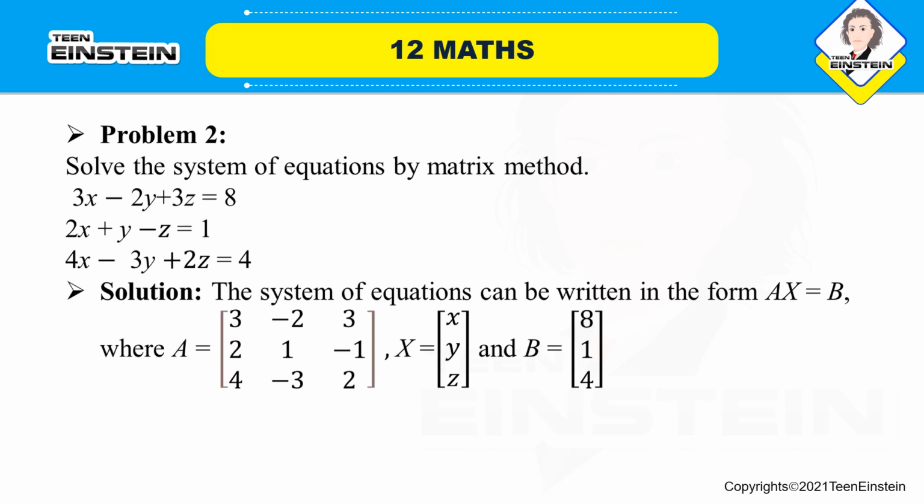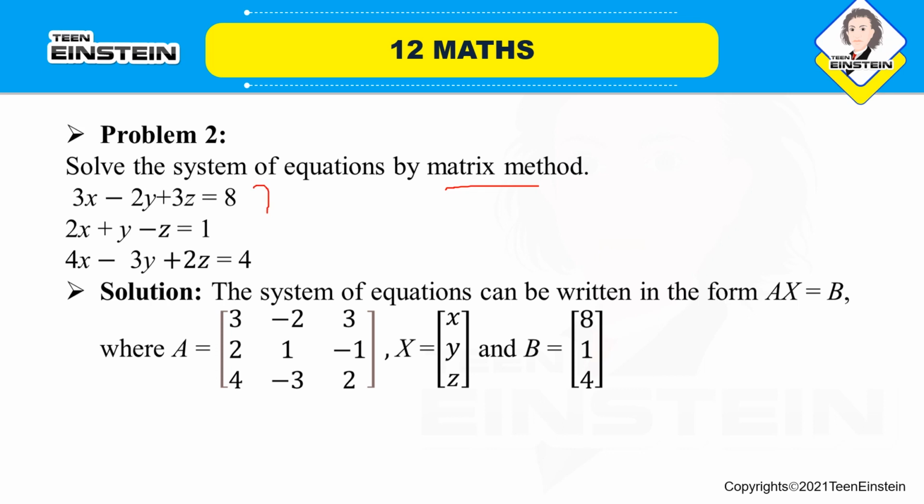Now look at problem number 2. Solve the system of linear equations by matrix method. What do you mean by matrix method? We have to write the given system of linear equations as Ax equal to B. The equations given here are 3x minus 2y plus 3z equal to 8, 2x plus y minus z equal to 1, and 4x minus 3y plus 2z equal to 4.